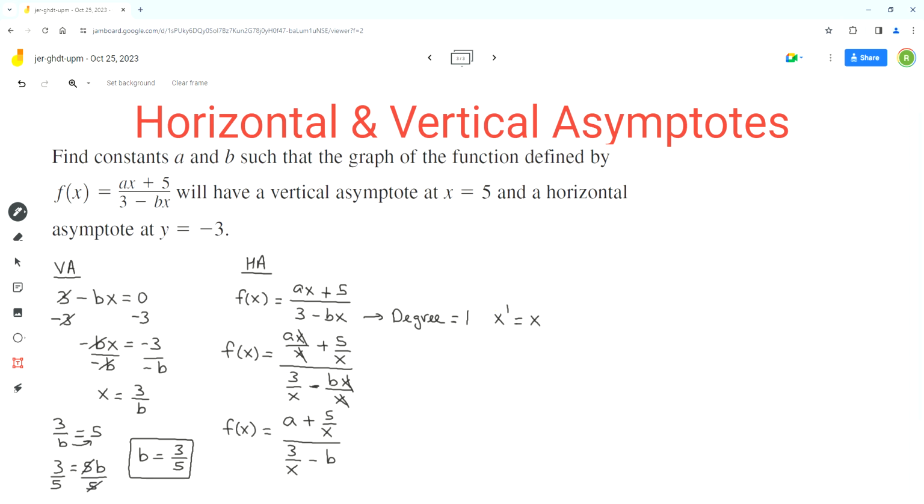Now we can evaluate the limit as x approaches infinity. Now we can apply the limit by subbing in x as infinity.